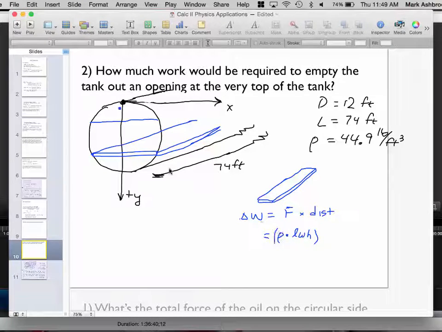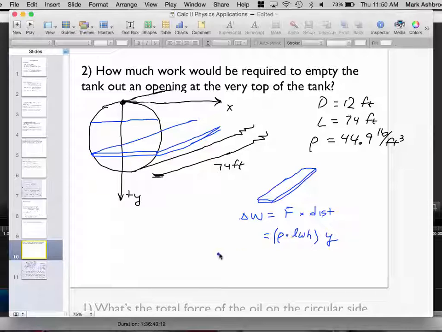And now the distance, since I set my y equals 0 here, the distance it has to move is y. That makes it easy, by putting our origin at the place where we've got to get every layer to, then the distance that it has to travel is simply y.